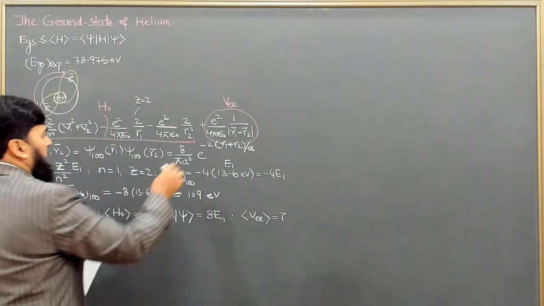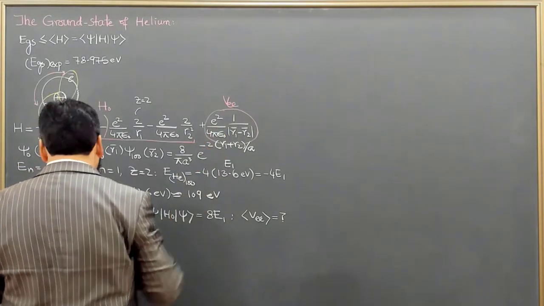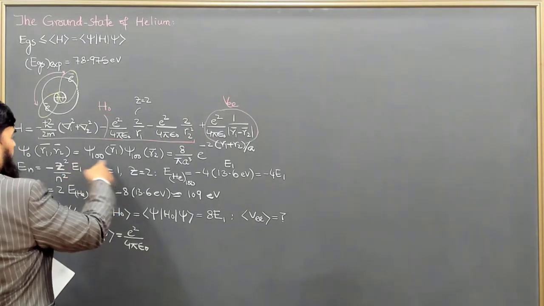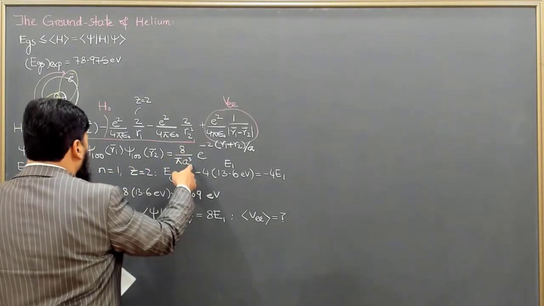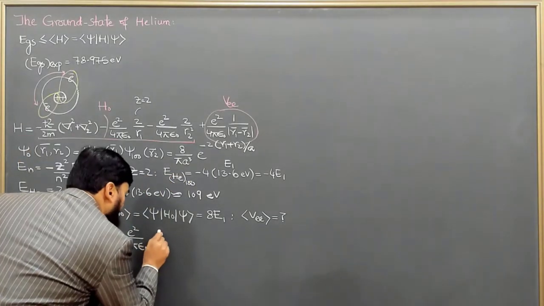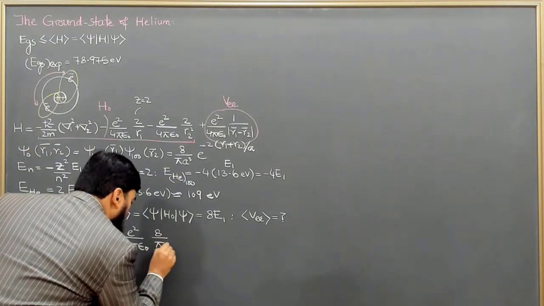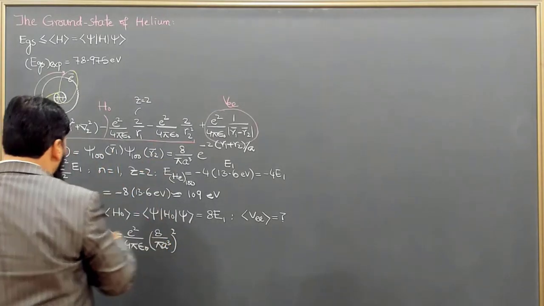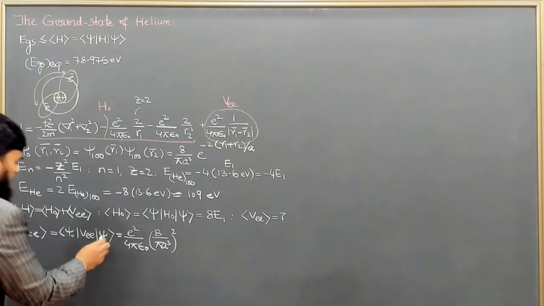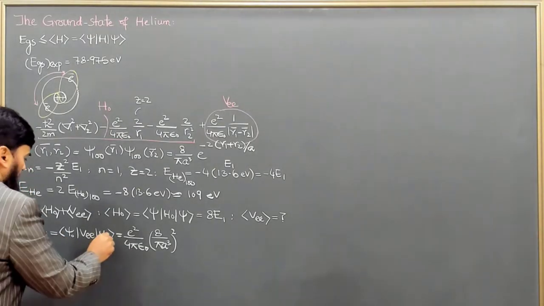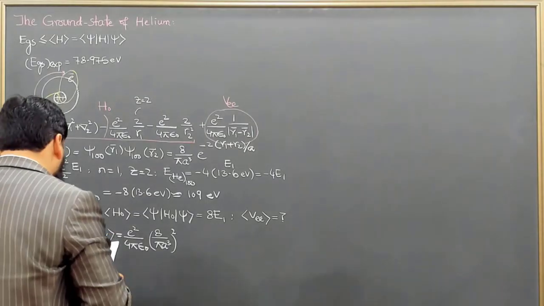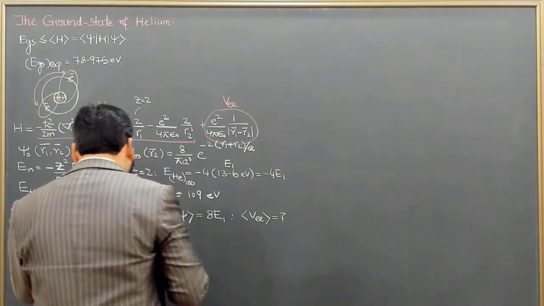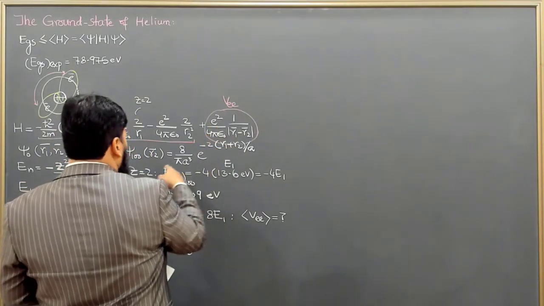This term we have from here, e square over 4 pi epsilon naught, and then from psi we have 8 over pi a cube, and it will become squared because psi naught is being multiplied with psi naught, so we have this thing equal to square, and then we will have the integral.